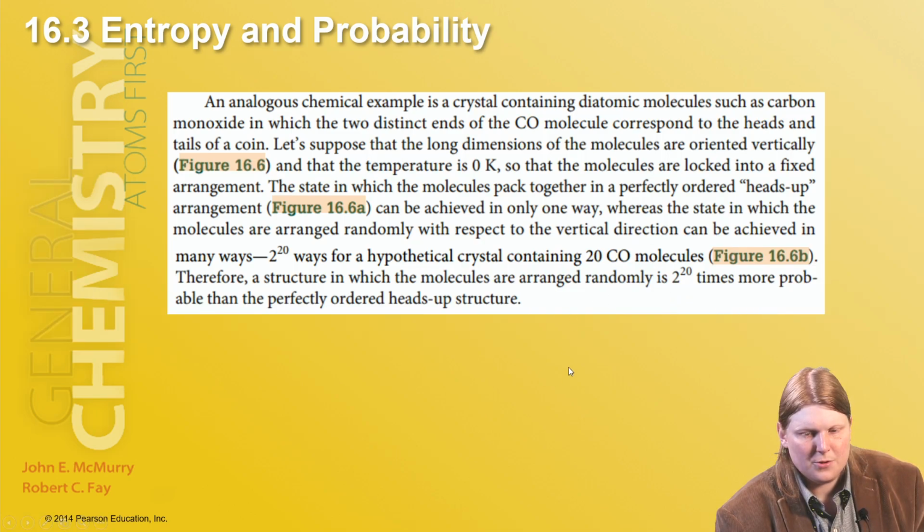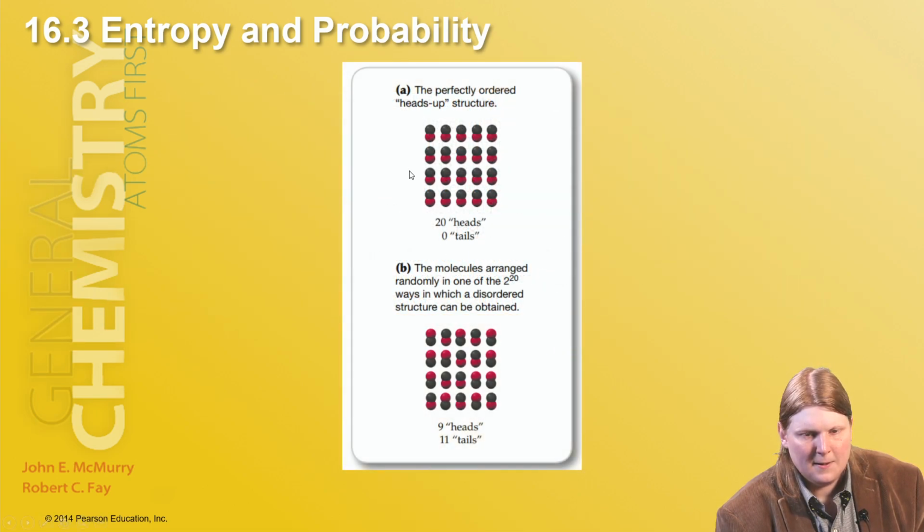But the less ordered states are just vastly more likely than a perfectly ordered heads-up structure. This is most likely right about 10 heads and 10 tails, and 11 heads and 9 tails, or 9 heads and 11 tails, is pretty likely too. You expect that there'd be approximately equal heads and tails, and that would be a likely state, whereas other states are much less likely.